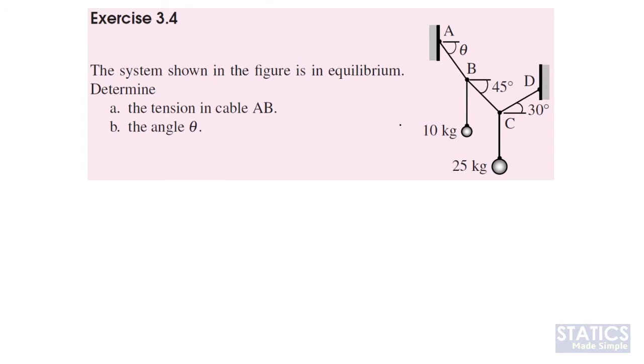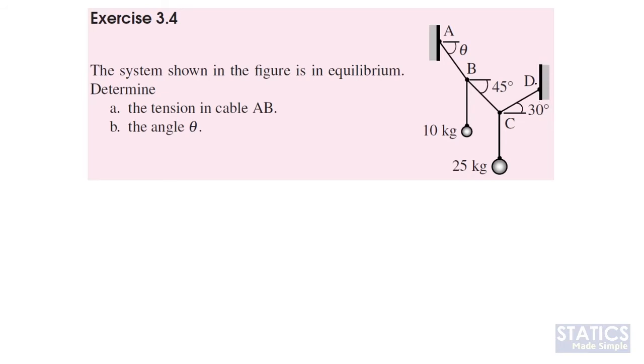Normally, we will start off with the point or location with the most known values. In this case, the question is asking for the tension in cable AB and the angle theta, also for cable AB. So we don't know the tension, we don't know the angle. We have multiple points here that we can choose.